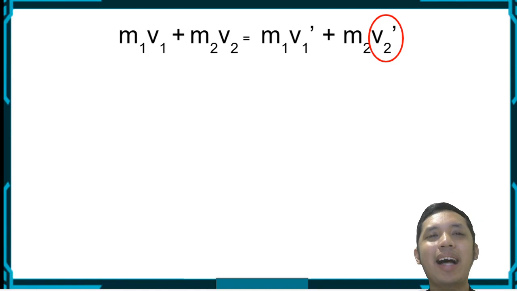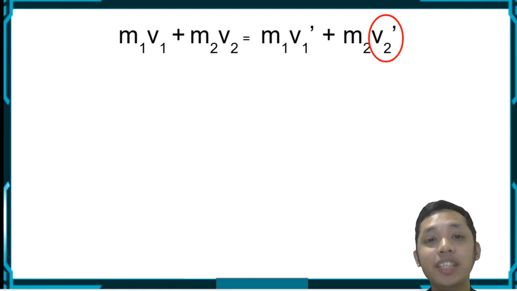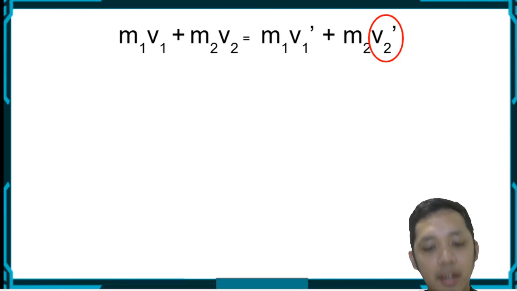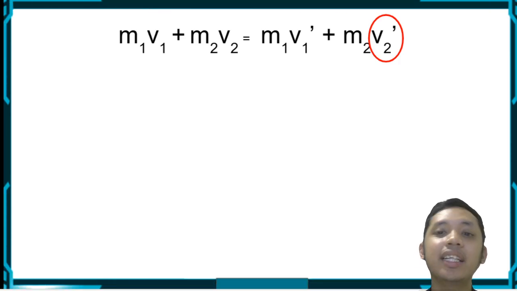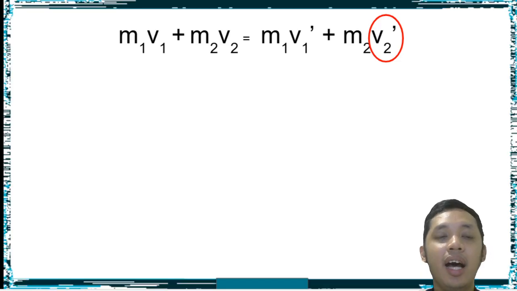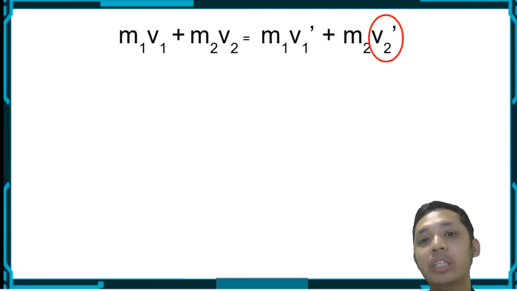Alright, going back to what we were discussing in our previous video, it's important for us to learn how to derive formulas because not all the time are the values of the variables provided. At the same time, it can help us make better decisions, especially in scenarios where collisions happen.